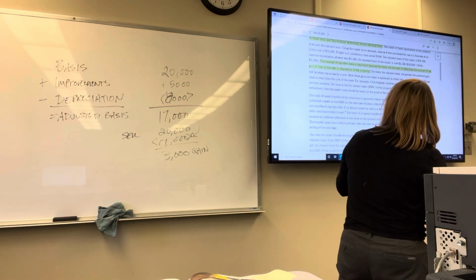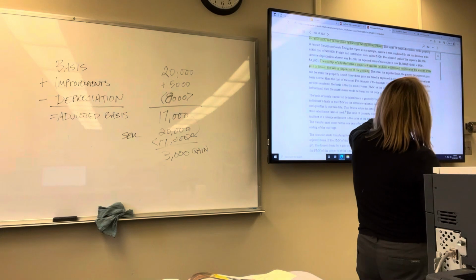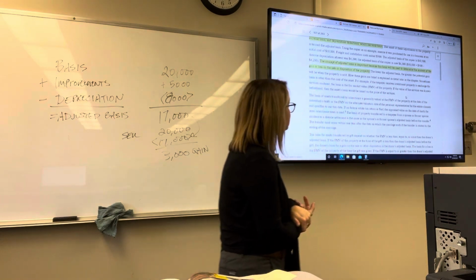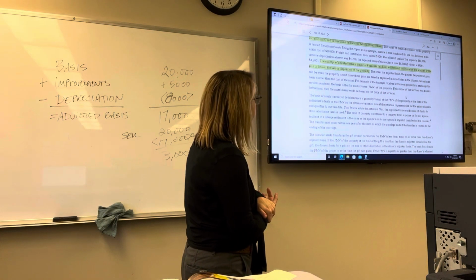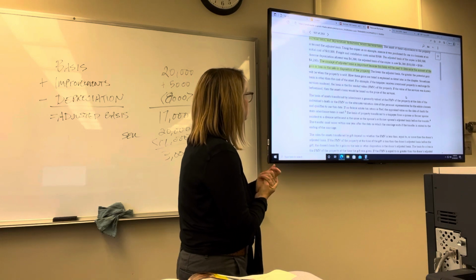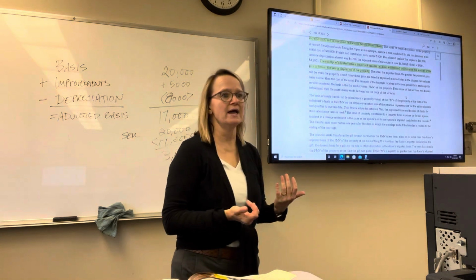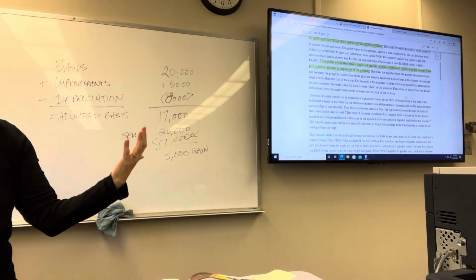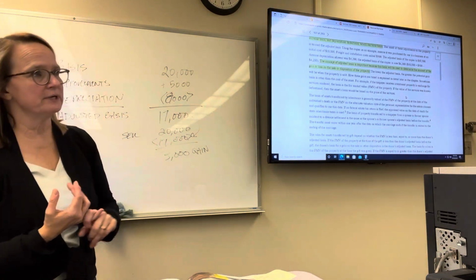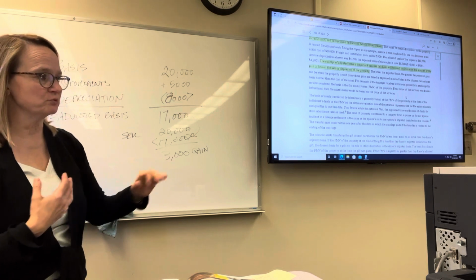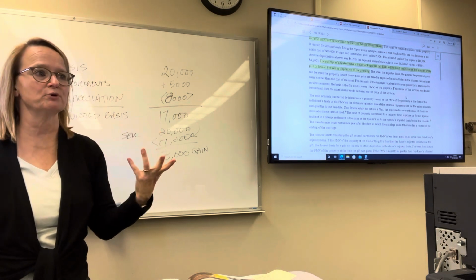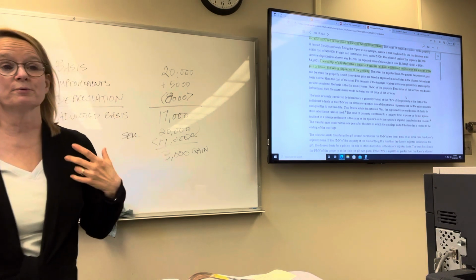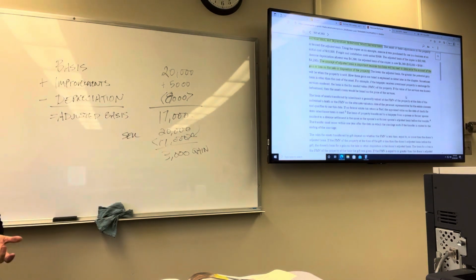So if the taxpayer receives investment property in exchange for services, okay, so now we're not buying, we're not getting it through inheritance, we're not getting it through gift. We're still sort of purchasing it, but we're not purchasing it with cash. We're purchasing it with our services.